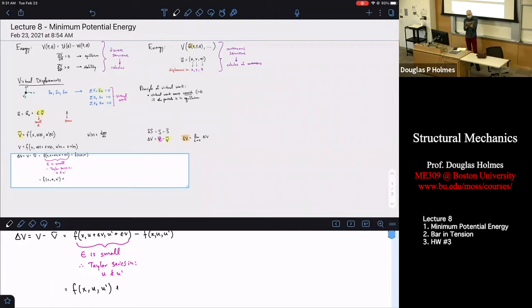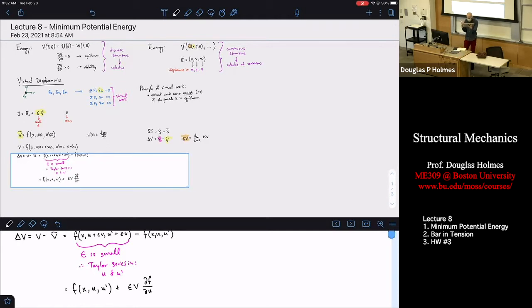The second term is going to be epsilon times v times the first derivative of our function with respect to u.